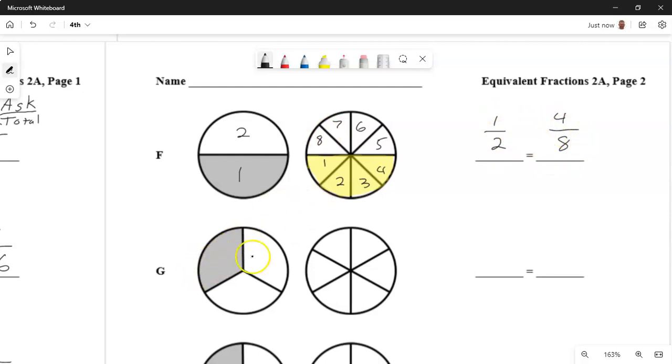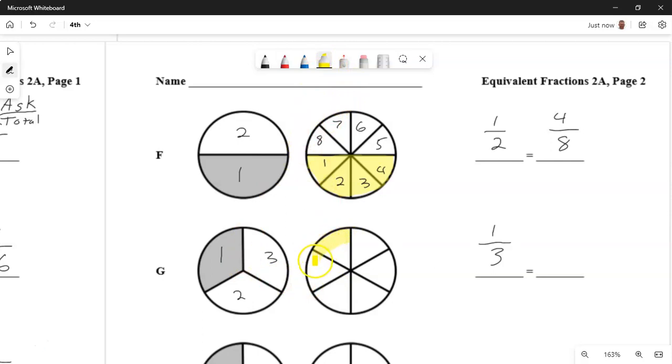Okay, on G, I've got 1 part shaded. Looks like we're getting away from 1/2 this time. Out of 2, 3 total parts, so 1/3. I'm going to shade in this one right here to where it matches the 1/3 there.